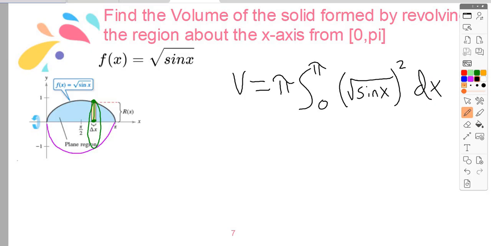So really the biggest part of these is just going to be finding your r of x. Because then from there, it's just plugging and chugging in our normal integral rules.